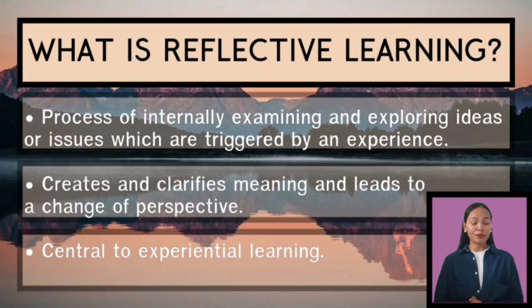It is a process because it is structured, in the sense that reflective learning doesn't come right after students receive information based on what they have experienced. So, you cannot reflect on something without experiencing a certain event or activity.